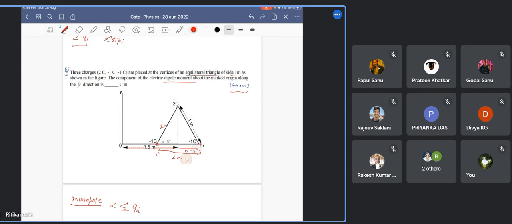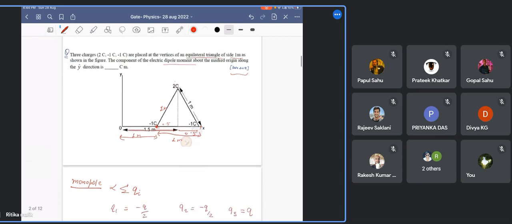This 1 coulomb charge is at a distance of 1 meter. We have to find the component of electric dipole moment along the y direction.